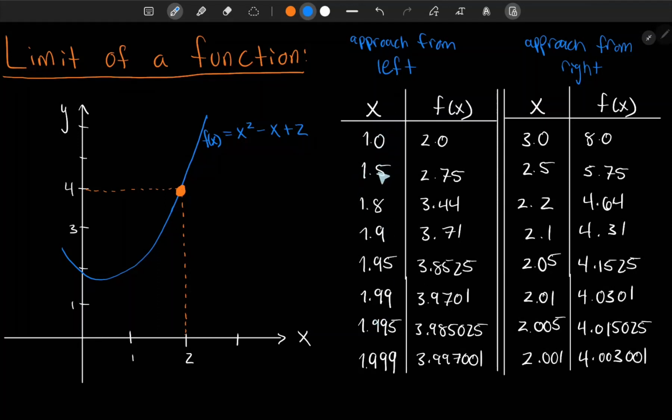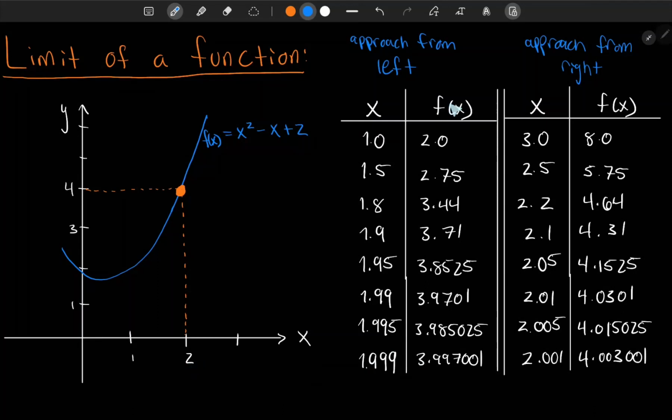And as we go down the table, these x values get closer and closer to 2, right? So at x is equal to 1, we're 1 unit away from 2. Whereas when we're at the very end of the table, we're 0.001 units away from 2.